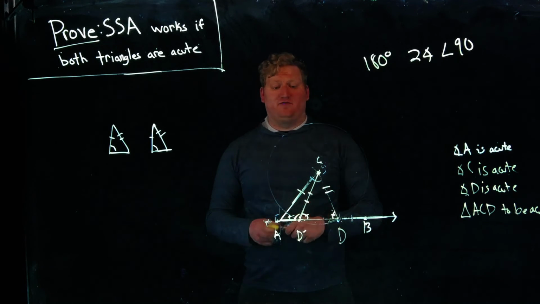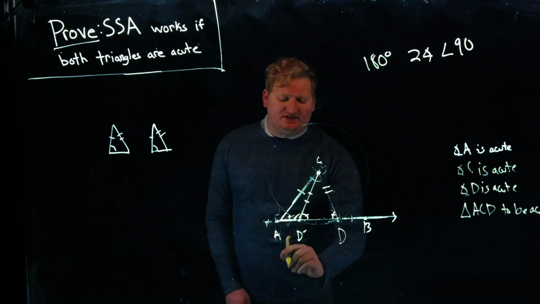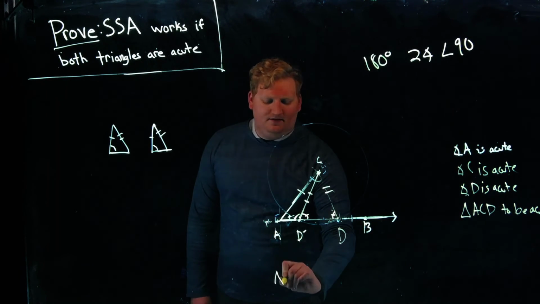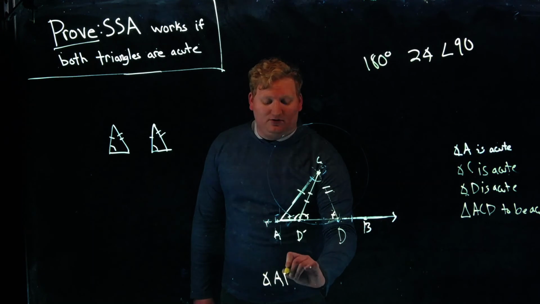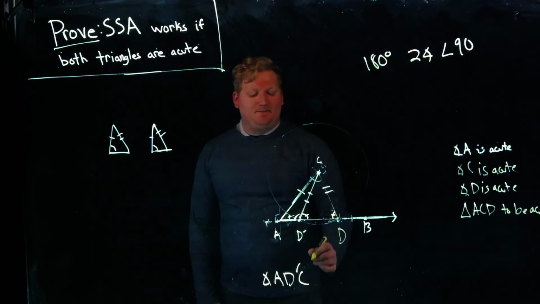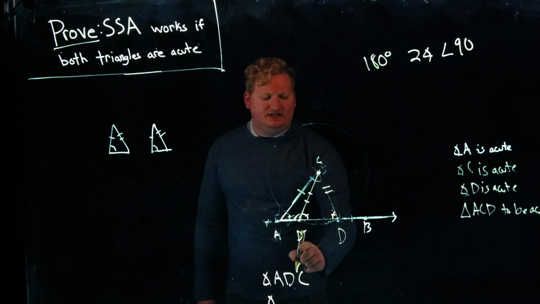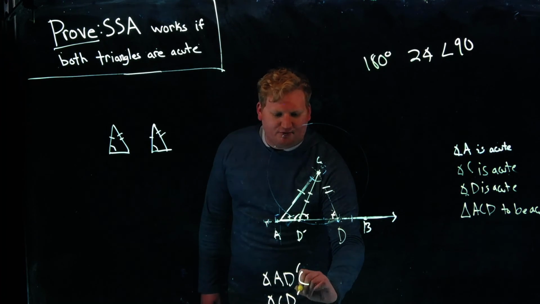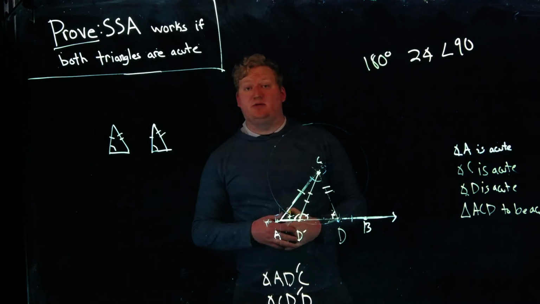Why does that matter for our other triangle, ACD prime, to prove it's obtuse? Well, you'll notice that our angle D prime, or to be more specific, angle AD prime C, is a linear pair to angle CD prime D. And by a linear pair, that means they're also supplementary.